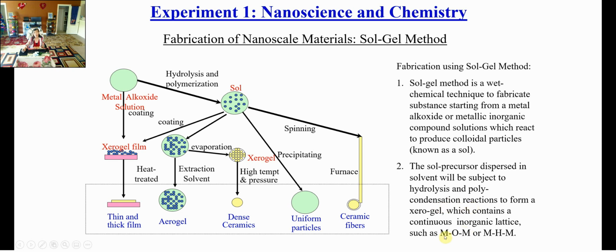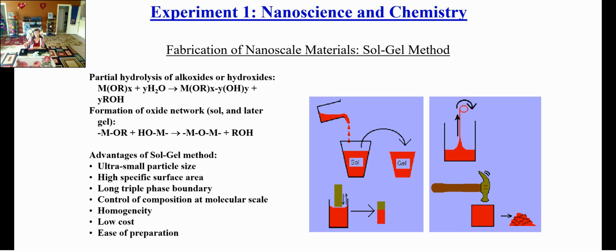Therefore, you are going to form a backbone involved in an inorganic lattice. So remember, this bonding is very strong, meaning the substances eventually produced have very strong chemical bonds, meaning the materials will be mechanically strong.